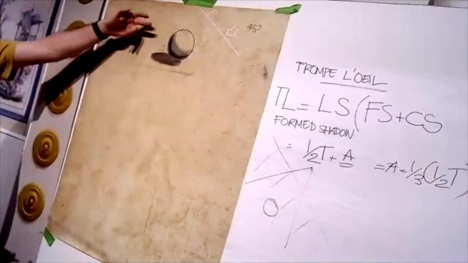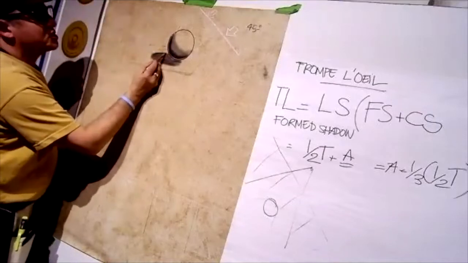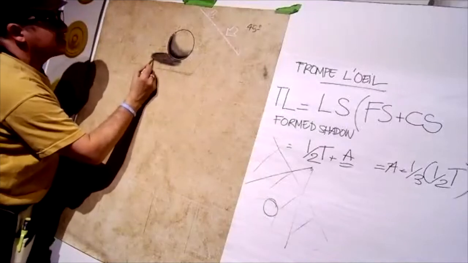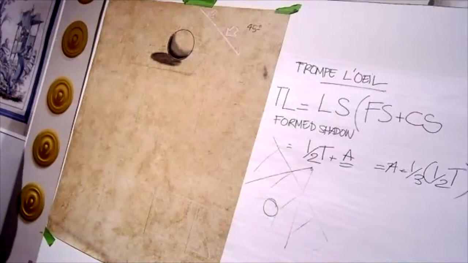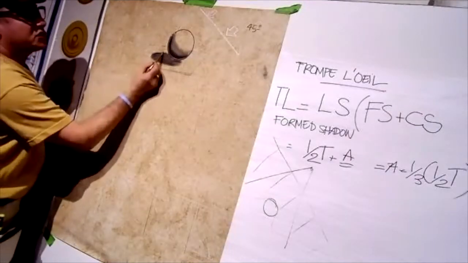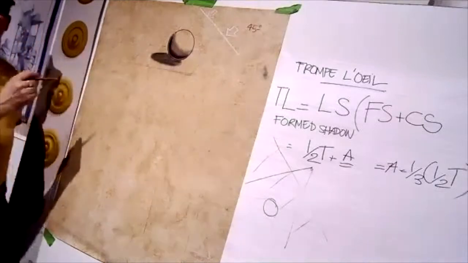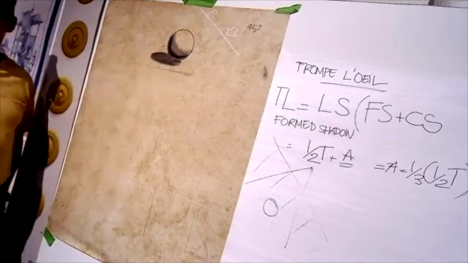Now, because it's a cast shadow, it's not super sharp, but it's not a faded line. There's an actual line to it. Again, this is what's important to know. If it's a very bright light, you're gonna have a very sharp line around it. If it's a very soft, diffuse light, it's gonna be fuzzy, okay?